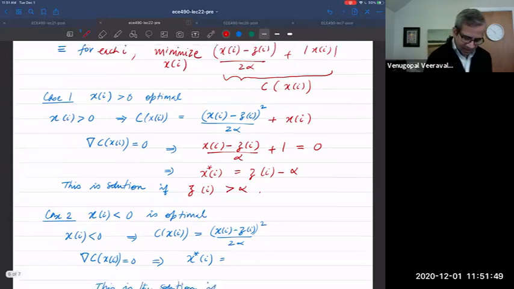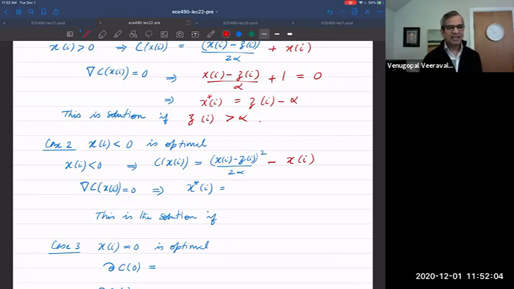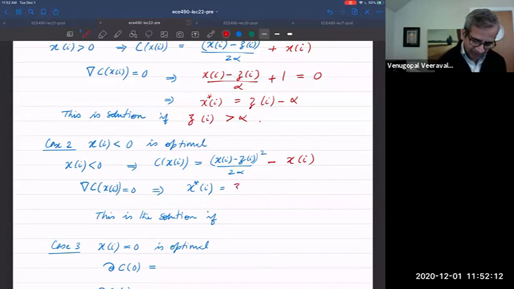Similarly, xi less than 0 being optimal means that now C of xi in this case would be this quadratic minus xi. The absolute value of xi will become minus xi. And in this case, it's easy to see that the solution will just be zi plus alpha.